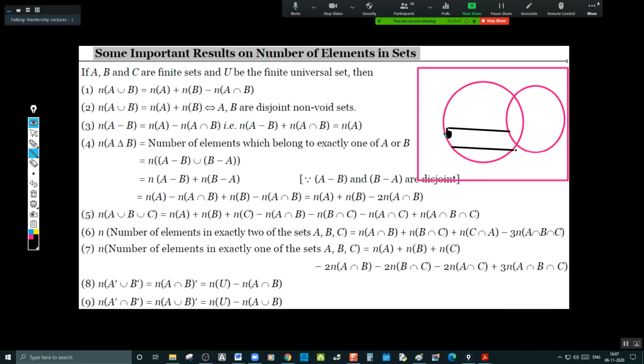In set A, this part is also present, which is nothing but A intersection B. If you need only the shaded region from total A, subtract A intersection B. That's what he did.